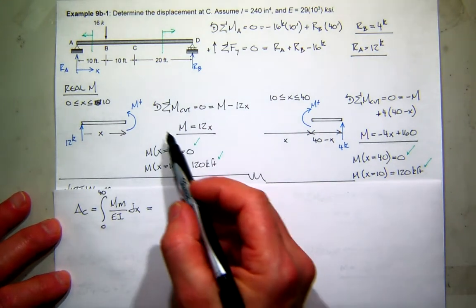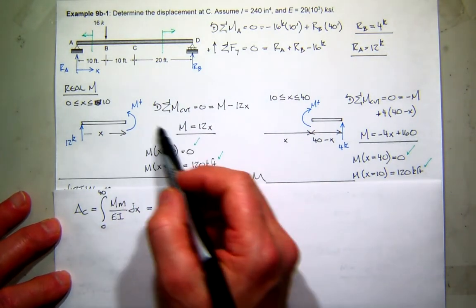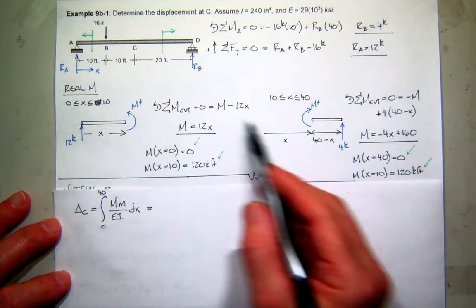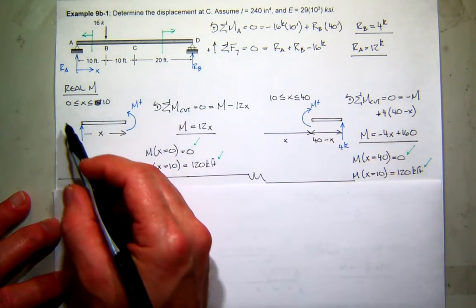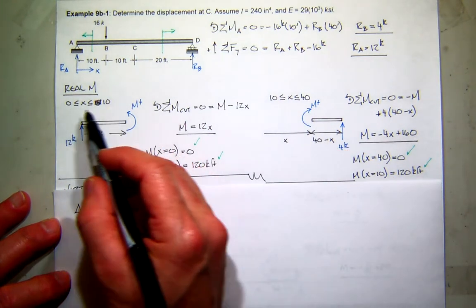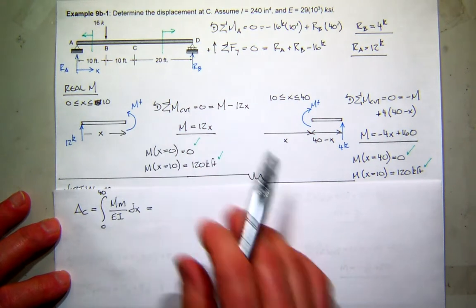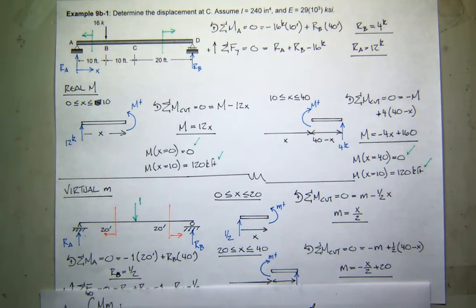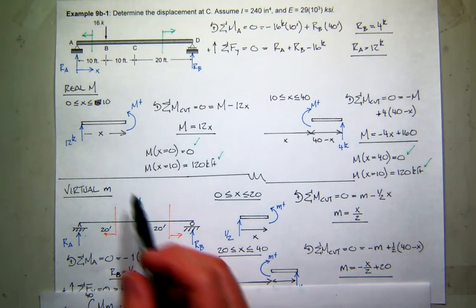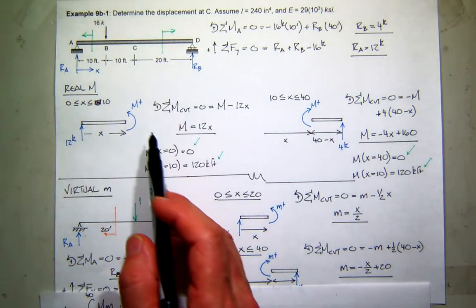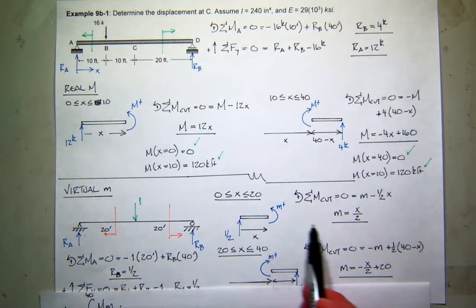The real moment is one of the equations is valid from 0 to 10, and the second one is from 10 to 40. So I'm going to probably have to go from 0 to 10 for one of my increments. But notice that the virtual moments are what? 0 to 20 and then 20 to 40. So I'm going to have to go from 0 to 10, this real moment, this virtual moment.